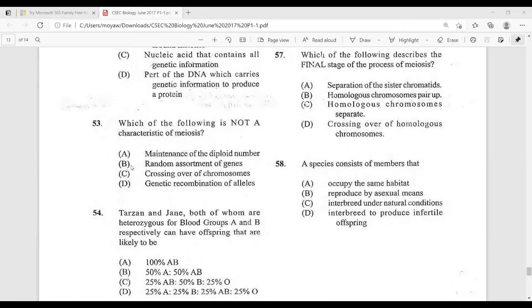And we all know that is one of the characteristics of meiosis, in which the crossing over is the swapping of genetic material that occurs in the germline or during the formation of eggs and sperm. So we know that would be out of it. So C is already out of it. So now the recombination of alleles.